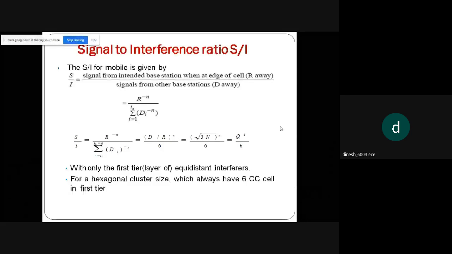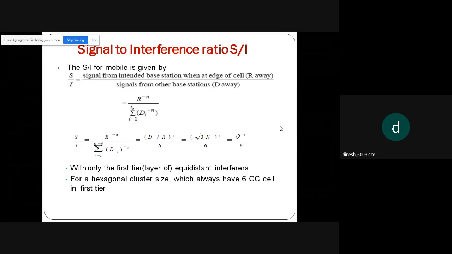Okay. So with only the first layer of equidistant interferers, for a hexagonal cluster there will always be 6 co-channel cells in the first tier. So I'm taking 6.